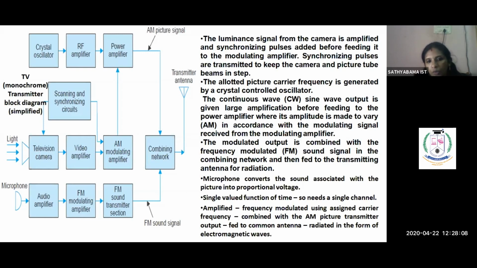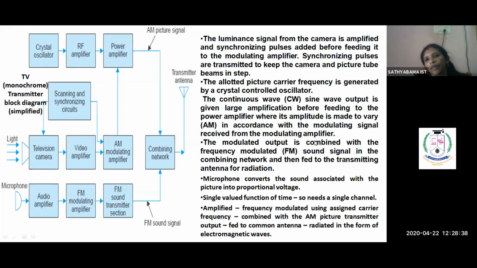By means of the frequency, the voice range gets modulated, and it is sent to the frequency modulated sound transmitter section, and then to the combining network. Similarly, the amplitude modulated signal is sent to the power amplifier. In order to boost the signal, we use a crystal oscillator, which acts as a carrier signal. It is given to the RF amplifier, where the radio frequency signal gets amplified.